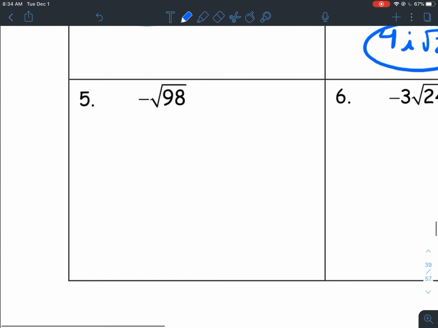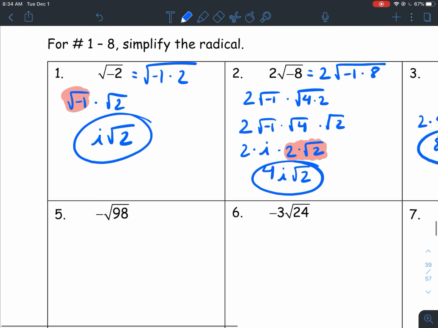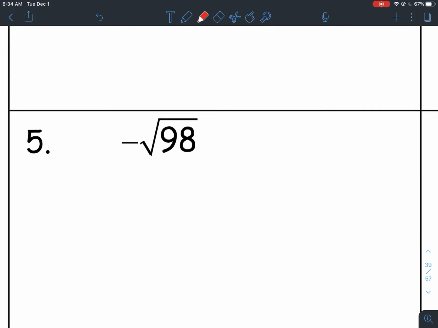So now, number 5 is important to note. So far, all these ones where we've gotten an i, there's been a negative on the inside. This one has a negative on the outside. So that actually means, since there's no negative on the inside, there isn't going to be an i value. The negative's just going to stay outside in the front. And of course, we're going to go to our perfect square sheet.